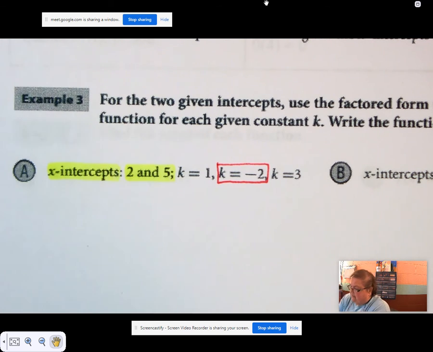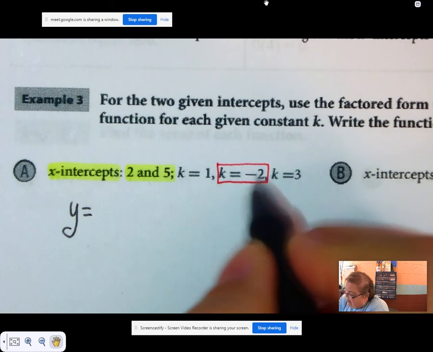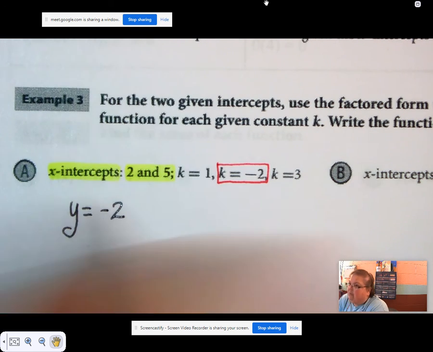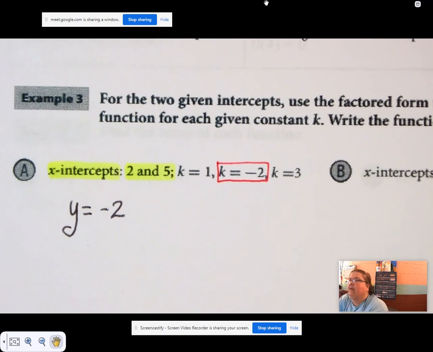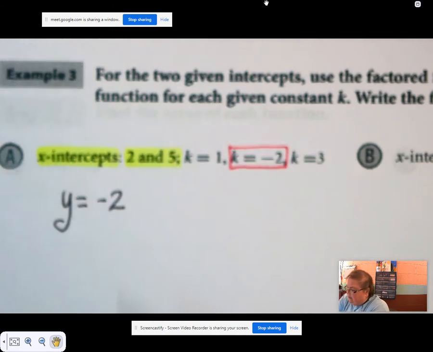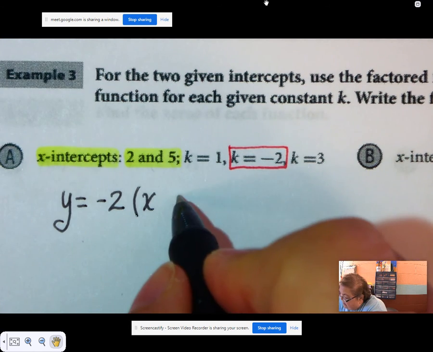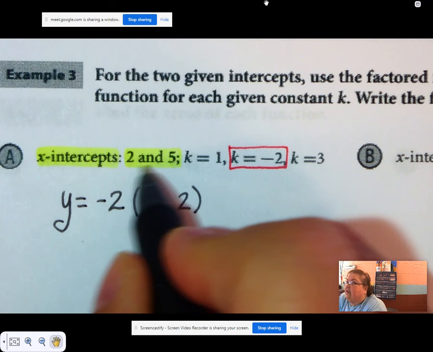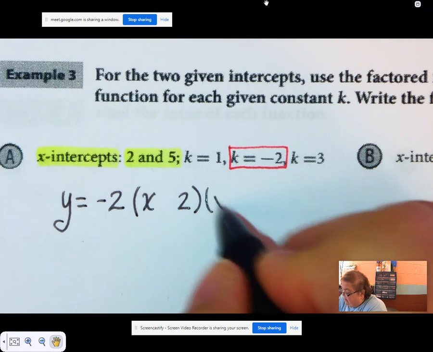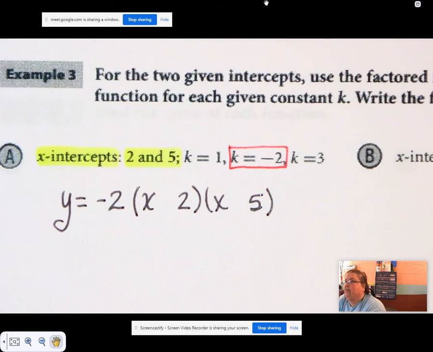So here's what I have. Y equals, my k is -2. Remember, k is the number on the outside. Okay. Then here are my parentheses. I've got an x and I've got a 2. Because these are my intercepts. Okay. I've got an x and I've got a 5. Those are my intercepts.